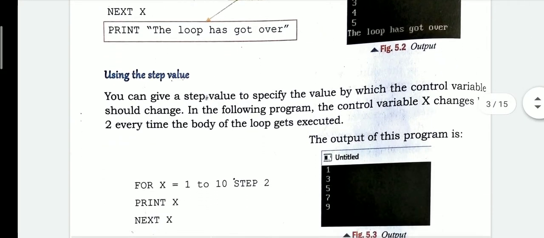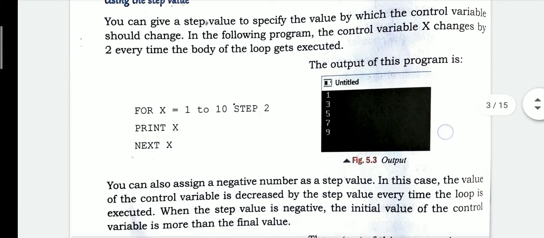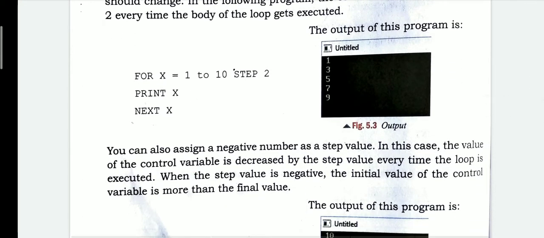Using the step value, as we discussed in the previous point, step value is always positive or negative, never 0. It depends upon initial and final values. By default, the step value is 1. Here is an example which shows step value 2.